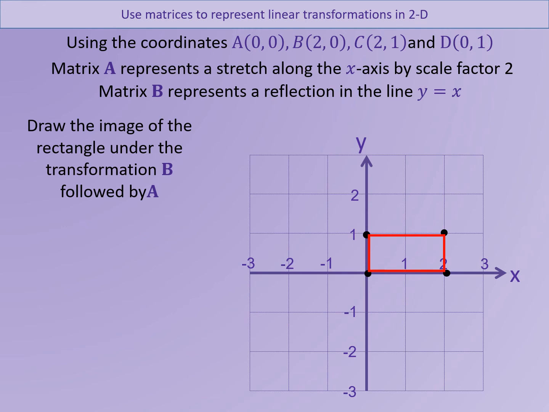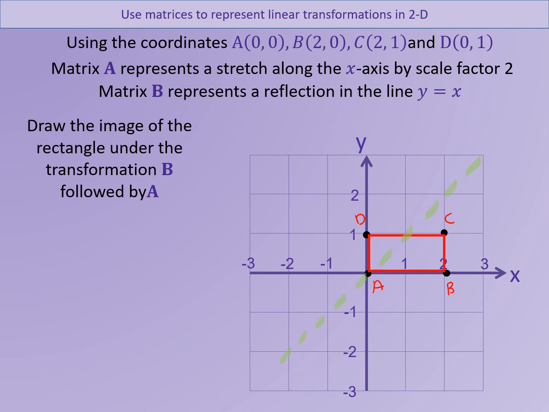This time we're going to apply transformation B followed by A. So I'm going to do this on the diagram first of all. So we have A, B, C and D. And if we look at the first transformation, B, we need to do the reflection. So if I pop the line of reflection y equals x on this diagram, and then reflect each of those vertices in this line.